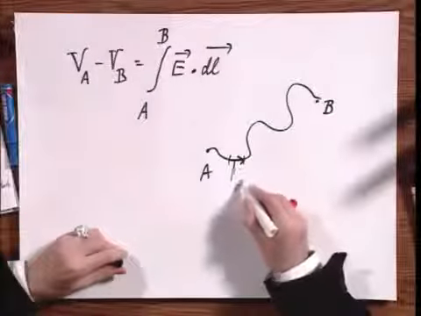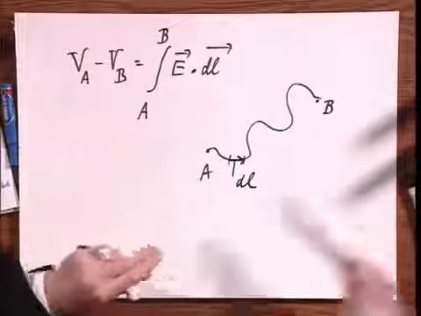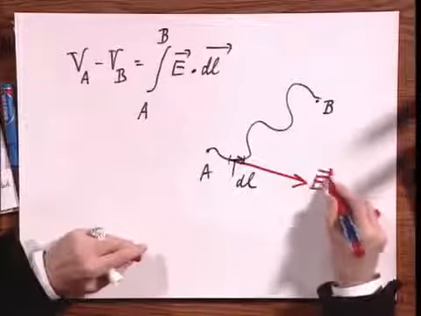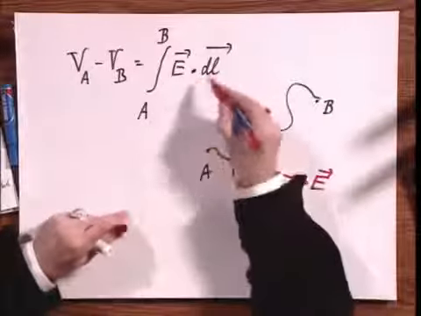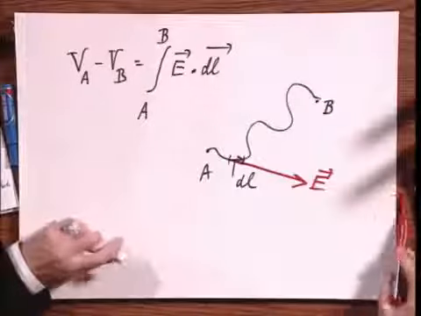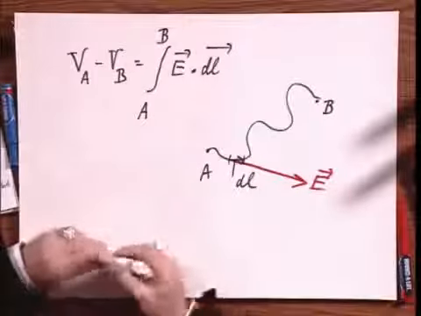Here is a little vector dl, and at that particular location the E vector is like so, and everywhere along the path I have to calculate that dot product E dot dl, and I have to integrate that over the whole path. That is the definition.